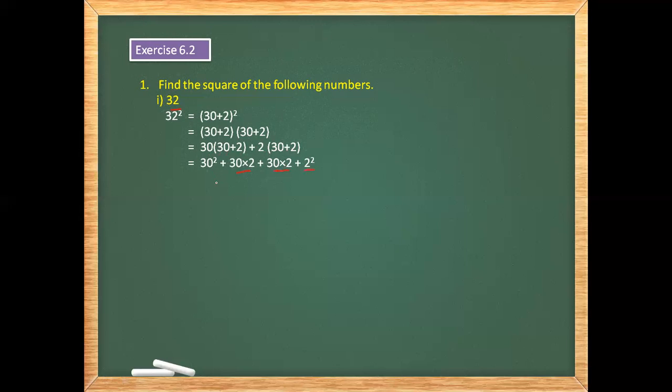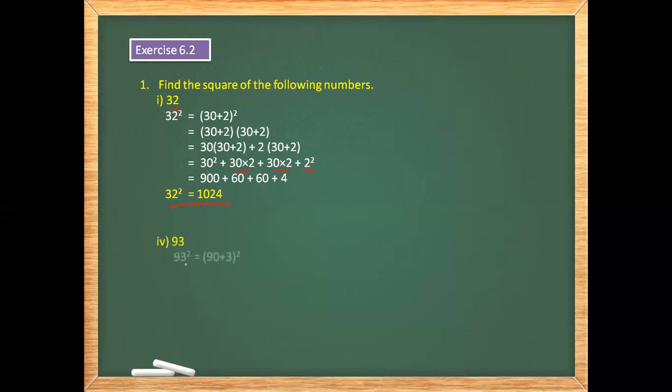Now find the values. 30 square is 900, 30 into 2 is 60, 30 into 2 is 60, and 2 square is 4. If I add all these numbers, I get 1024. So 32 square is 1024.